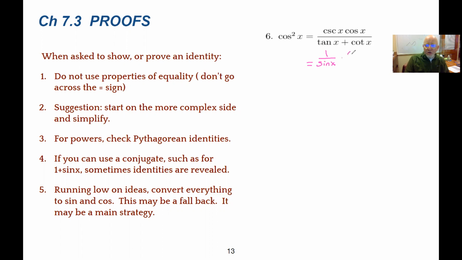Cosine is cosine x, so that doesn't need to change. And then in the denominator, tangent is sine x over cosine x, and cotangent is cosine x over sine x.